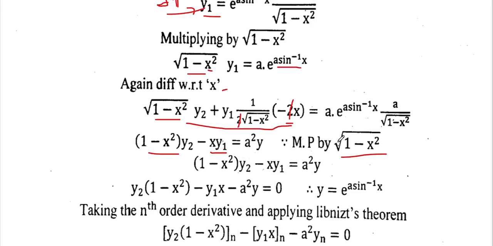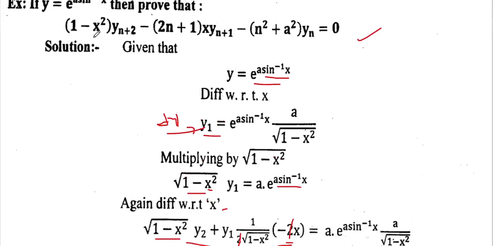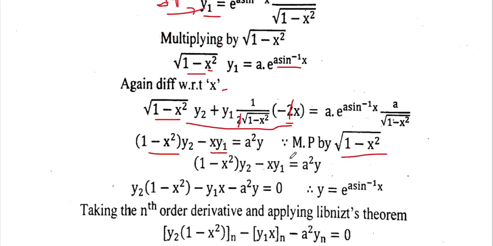equal to a square y. We know that y is e to the power a sin inverse x, as given. So instead of e to the power a sin inverse x, we can put y from equation number 1. So what is the next step now? 1 minus x square y2, as it is, minus x y1, as it is, equals a square y.